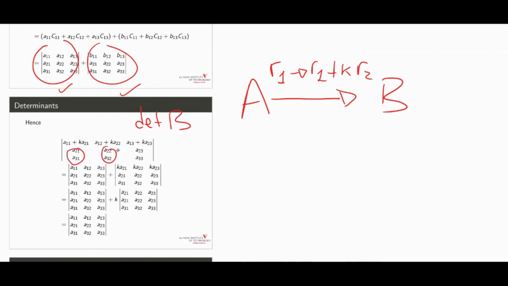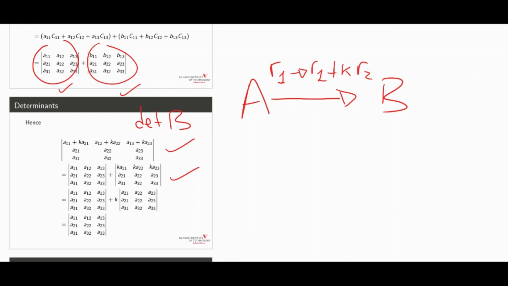All these terms here are the same, and then here you have A11, here you have A12, here you have A13, and then here you have kA2, and so on. So we successfully split it into two by using the cofactor expansion along the first row right here.